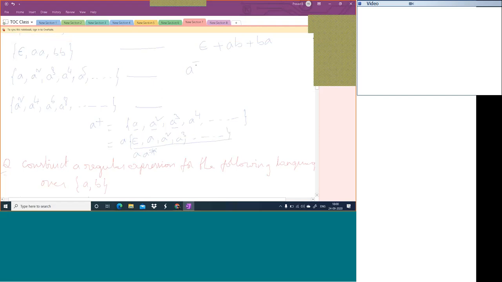You can write it as A plus, or A followed by A star, because here we took A common on the left side. If we take A common on the right side, then it will be A star A. Okay? Now tell me the answer for the next question.